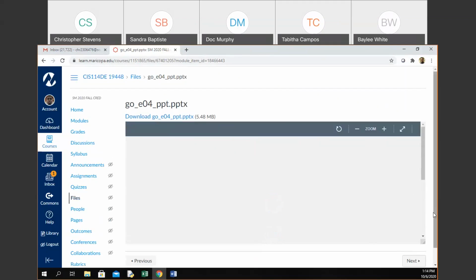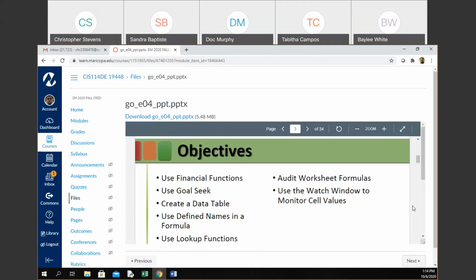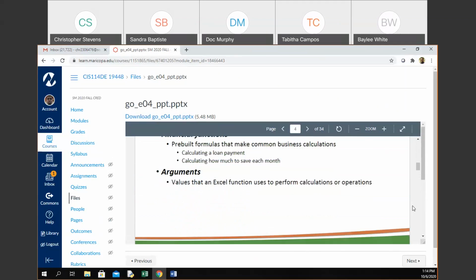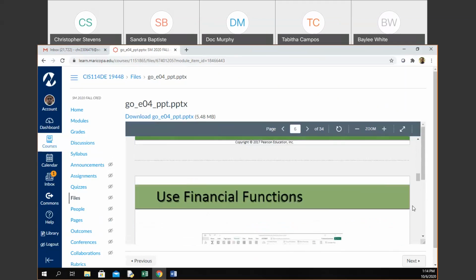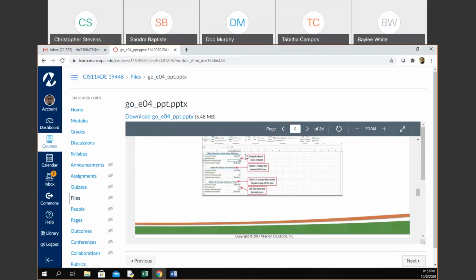It's taking a while to load. So there we go. So this is here for you to use as well. But they do give, like I said, more of a picture showing this is what this is, and this is where this command button can be found, and things like that.